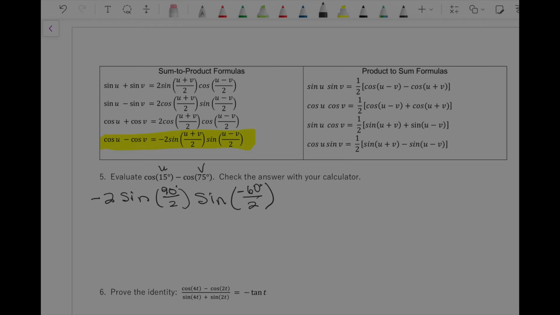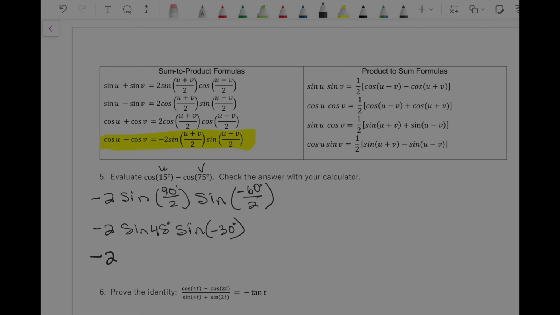Divide by 2, like so. All right, and then this will be sine of 45 degrees times the sine of a negative 30 degrees.